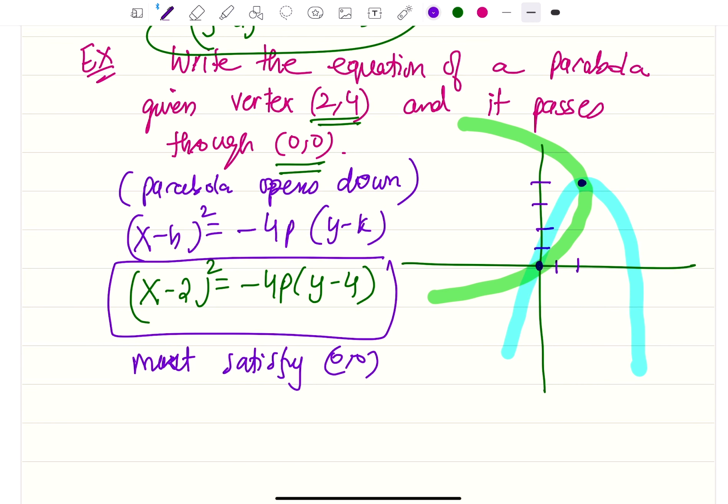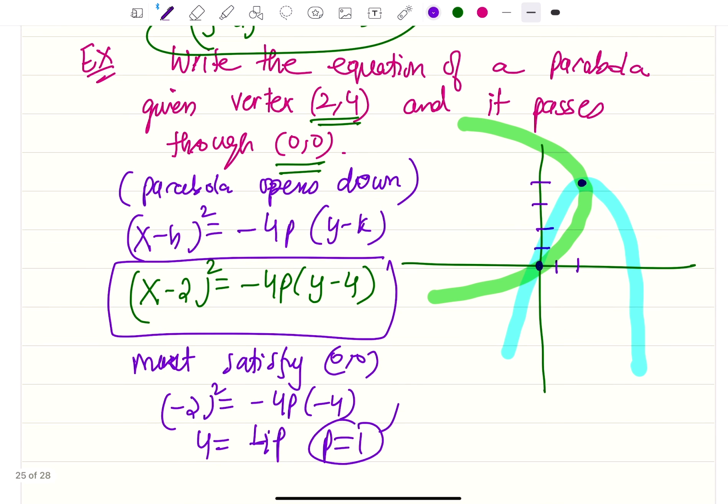So to find p, let's plug x as 0, y as 0. That's negative 2 squared equals negative 4p times negative 4, 0 minus 4. So 4 is equal to positive 16p, wait, 4 is equal to positive 4p. p comes out to be 1. And now we can plug it back in. The equation of the parabola is x minus 2 squared equals negative 4 times y minus 4. And that's it. That's the equation of this parabola.